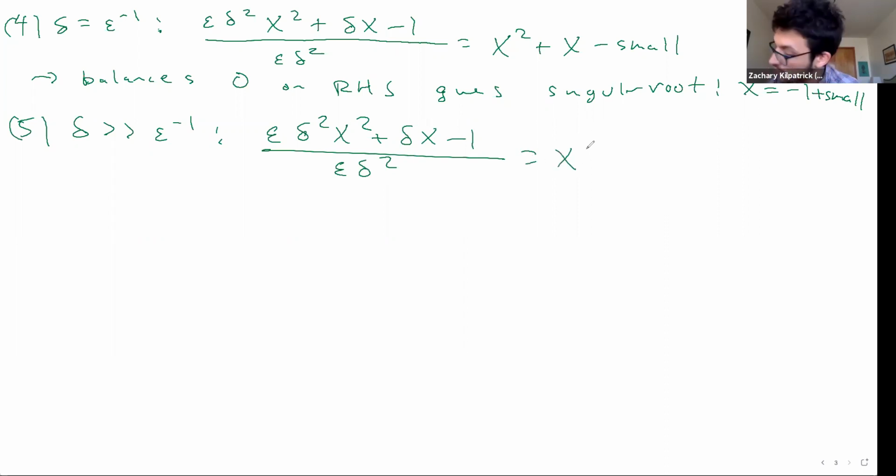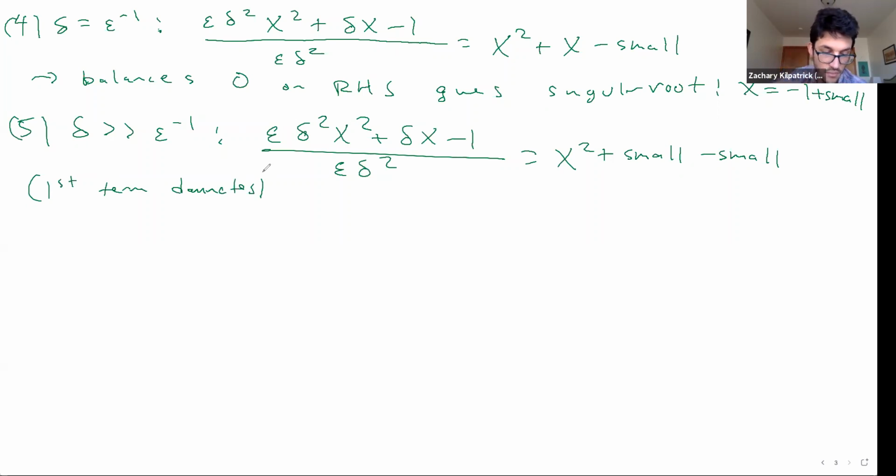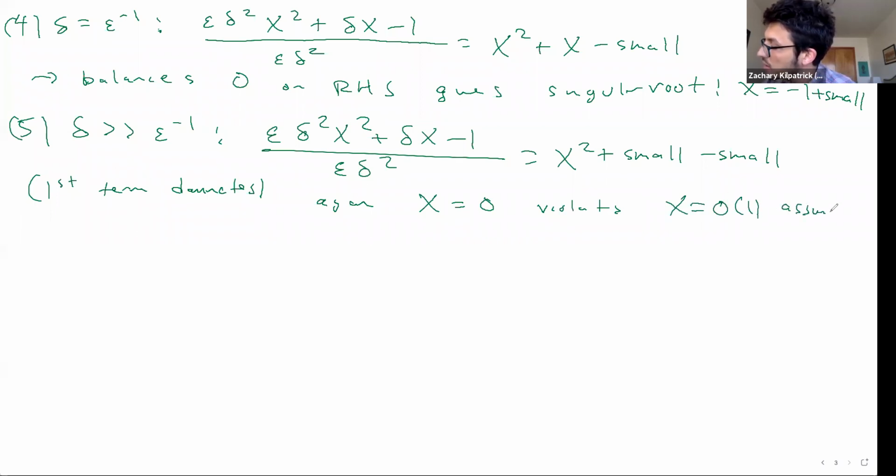This is going to be equal to x squared plus something small minus something small, okay? And the first term dominates, okay? And again, x equals 0, and this violates our x is order 1 assumption, okay?